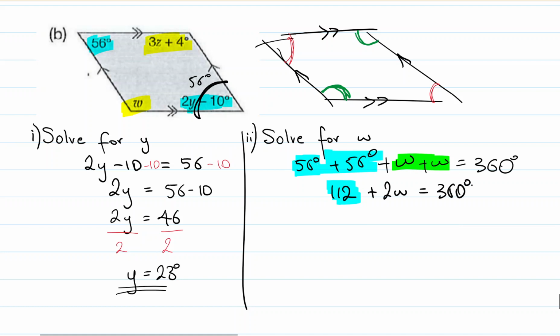Now, if I subtract 112 on both sides to get rid of that 112, I'll get 2w left on this side equals 360 minus 112. And you get 248, and then you divide by 2 on both sides.